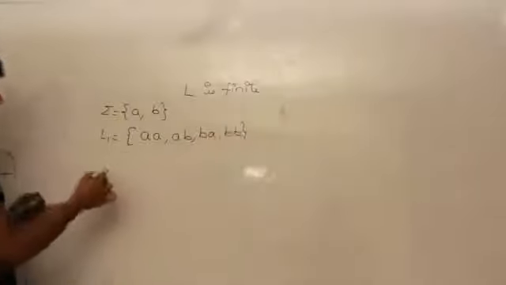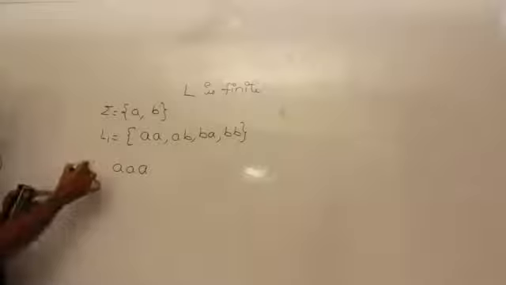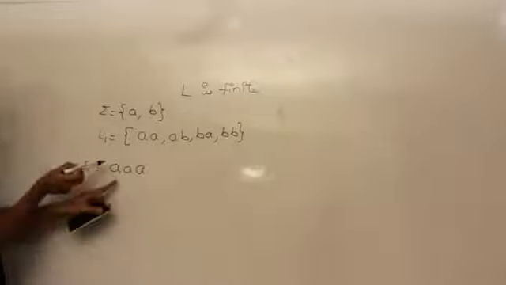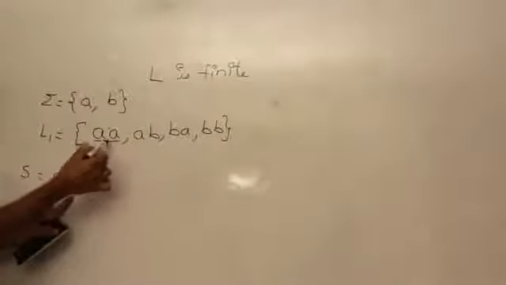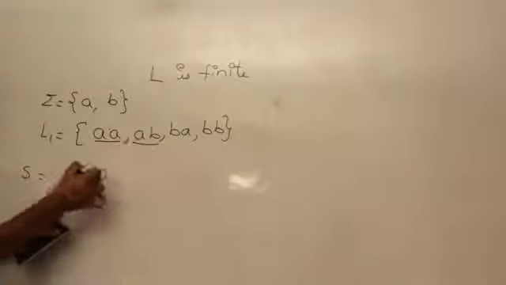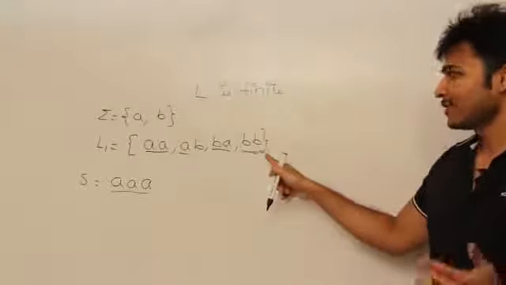If this is the language, and I give any string, let us say AAA, and ask whether this string is present in this language or not, you could take each string, examine and verify each string, and you can say that it is not there. Since the language is finite, you can do it.